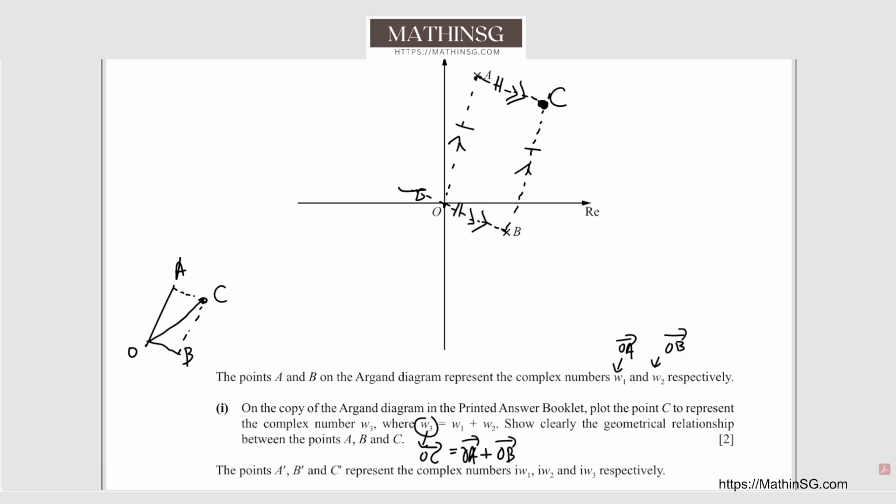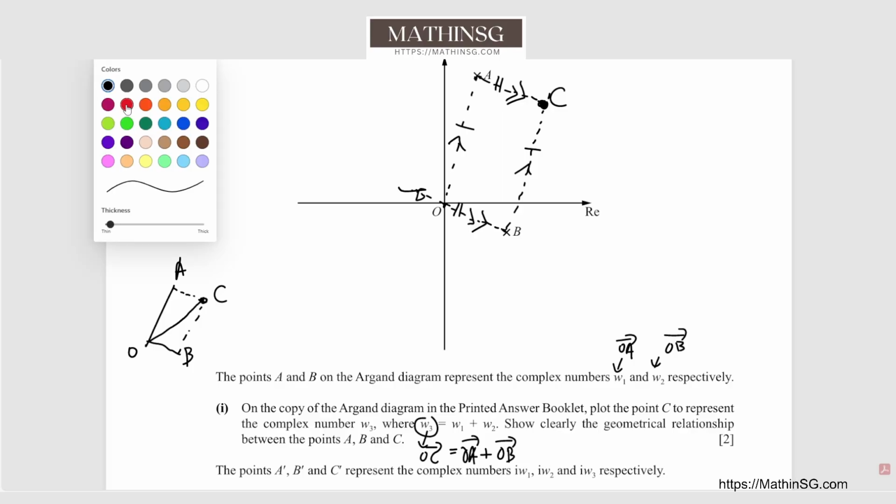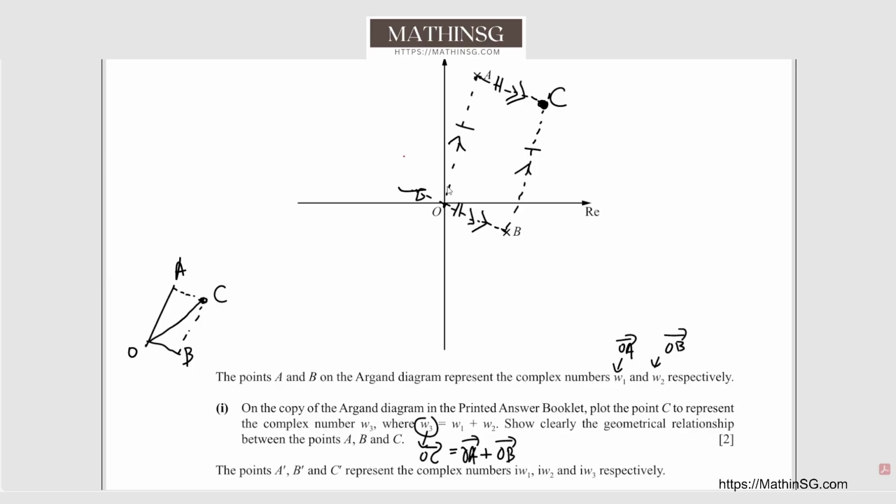So I'm going to draw a perpendicular line to OA. So this is OA, and this is a perpendicular line. Measure this length, then this one will be A prime.